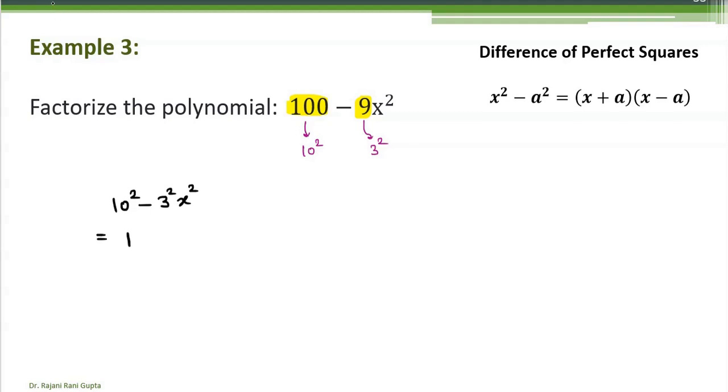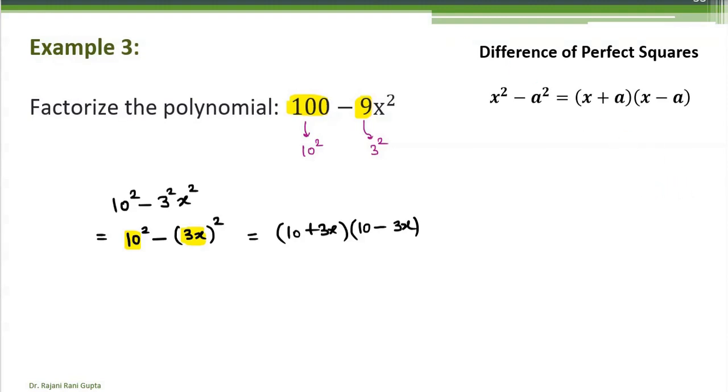You can still write it as 10 power 2 minus (3x) power 2, since 3 and x both have power 2. So write 3x together and its power 2. Writing the numbers without power 2 gives you two brackets: 10, 3x, 10, 3x. One time plus, another time minus. So this is how you make the factors.